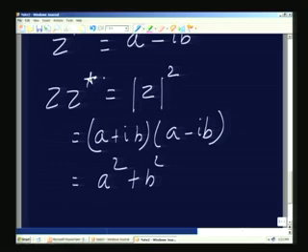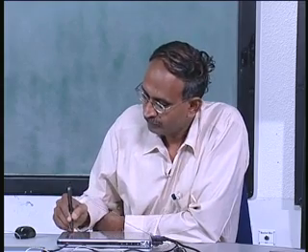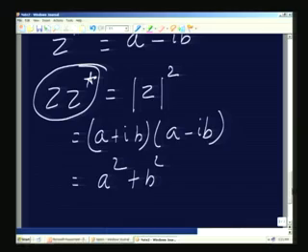So even when you have a complex quantity, you can define a real number from the complex quantity in terms of the absolute square of the complex number. And what is the relevance of this?